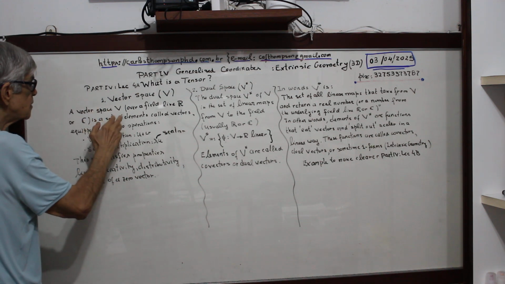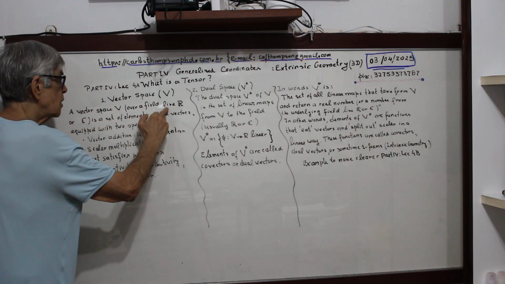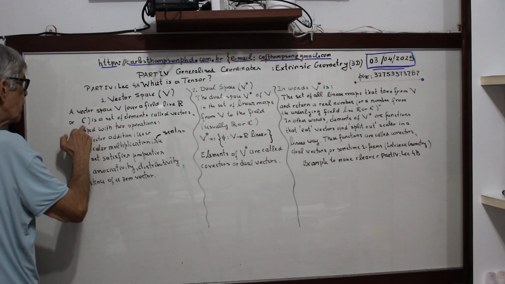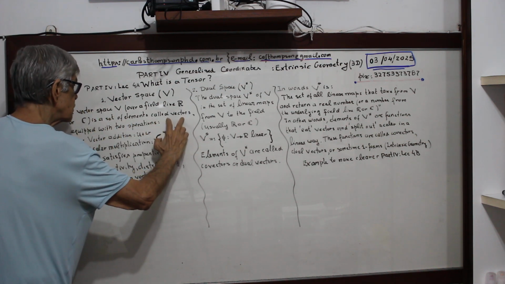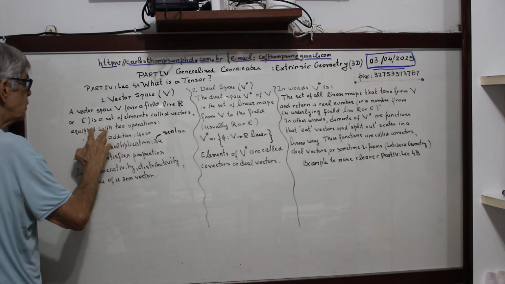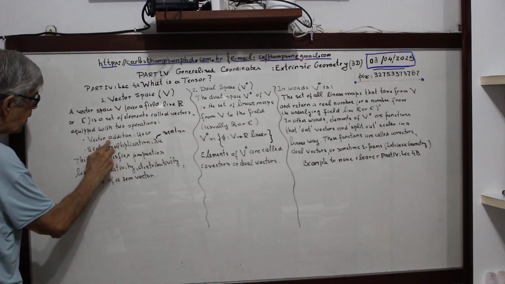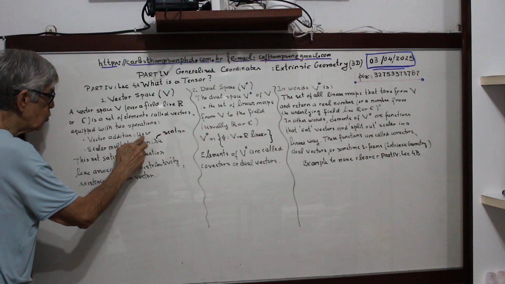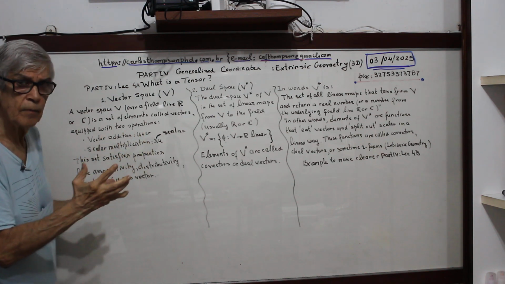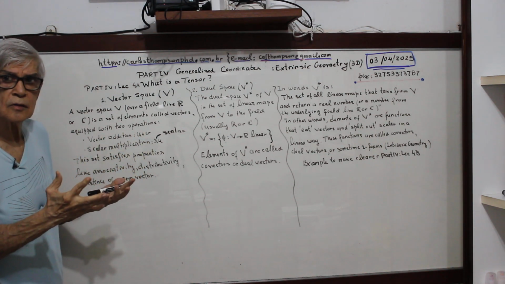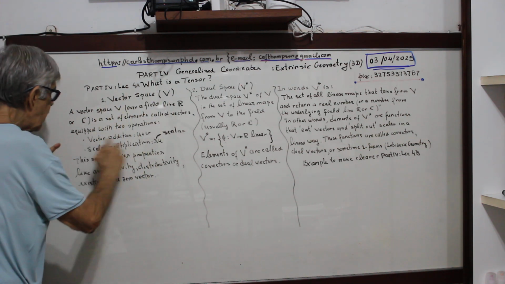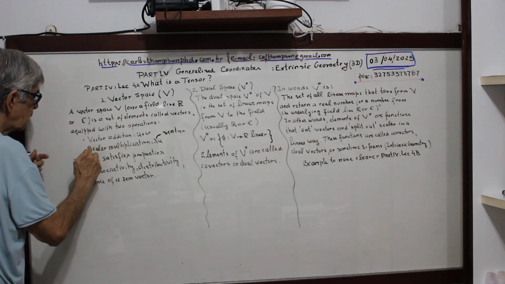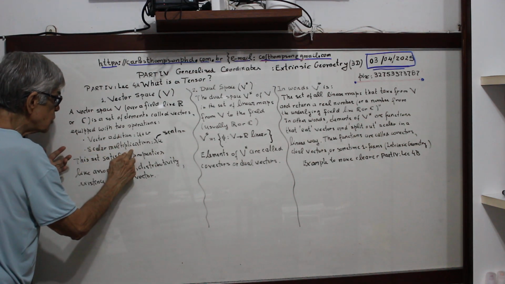A vector space over a field, like real numbers or complex numbers, is a set of elements called vectors, equipped with two operations. Vector addition, for instance u plus v, where u and v are elements of the space V, and scalar multiplication.